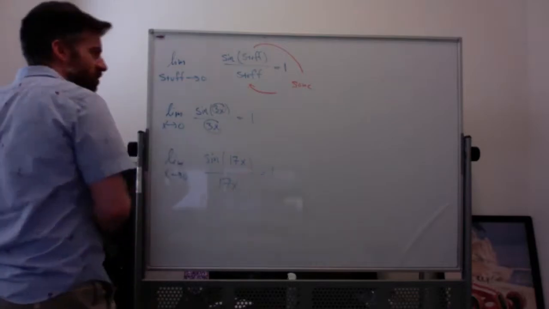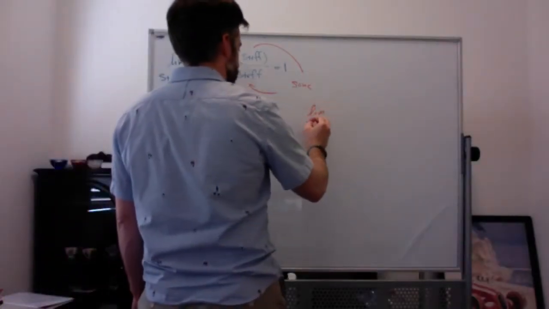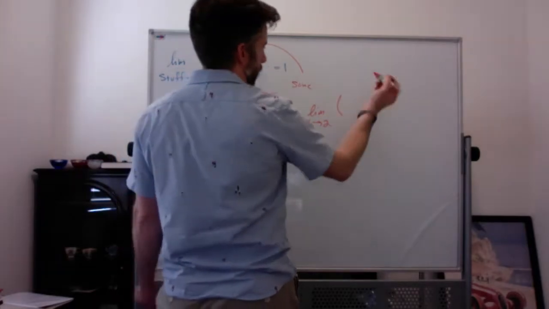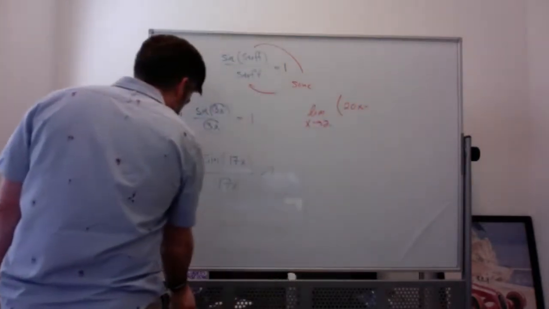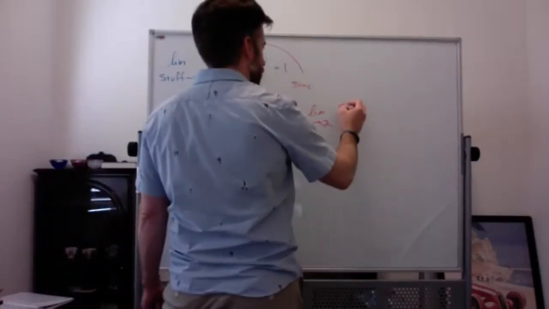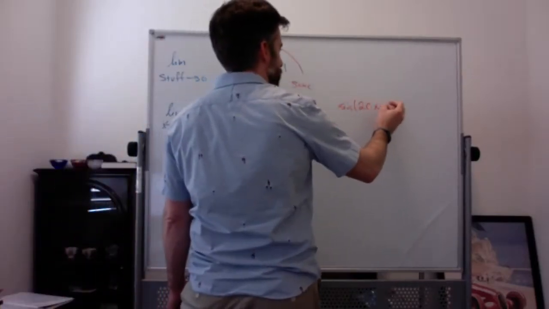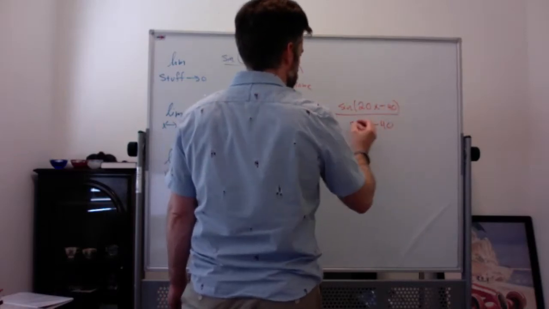You can even make it a little more weird. You can make it something like the limit as x approaches 2 of sine of 20x minus 40 over 20x minus 40.